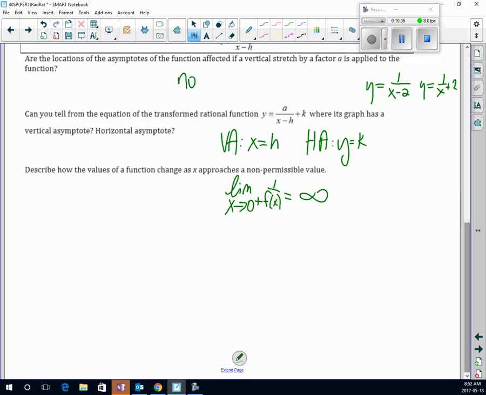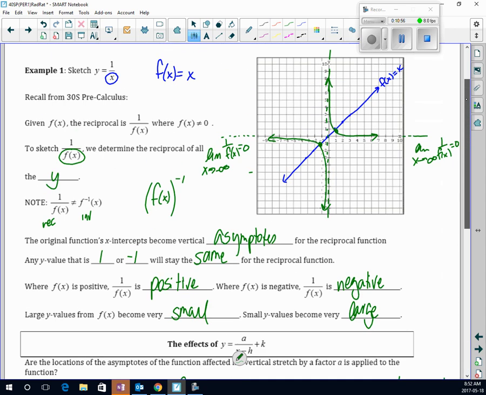You'll see in the textbook they try to use non-calculus terms. They'll just say as x approaches 0 from the right, y goes to infinity. That's how they write it. This basically means the same thing. Now let's look at it coming from the left.